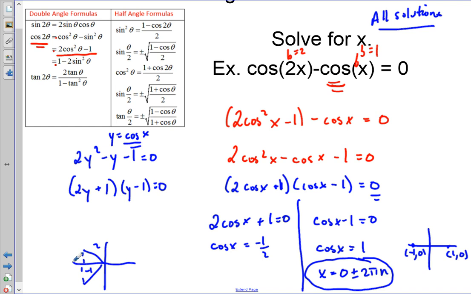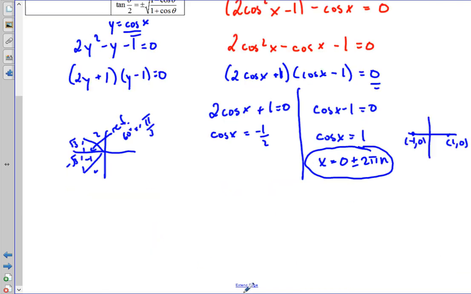That reference angle is going to be a 60-degree angle, or pi over 3. And so our answer is going to be x equaling, well, second quadrant, 2 pi over 3, plus or minus, because we're looking for all solutions, 2 pi n.